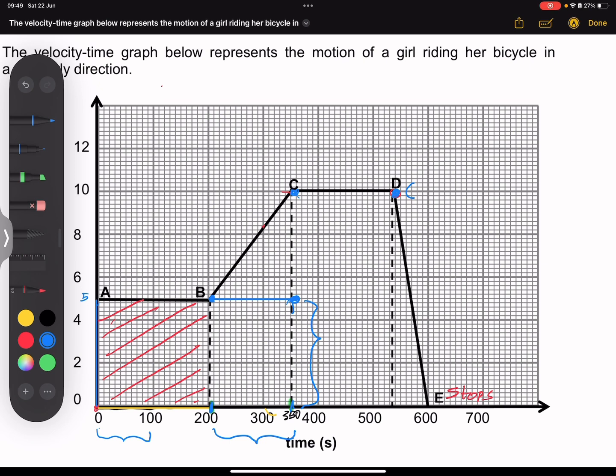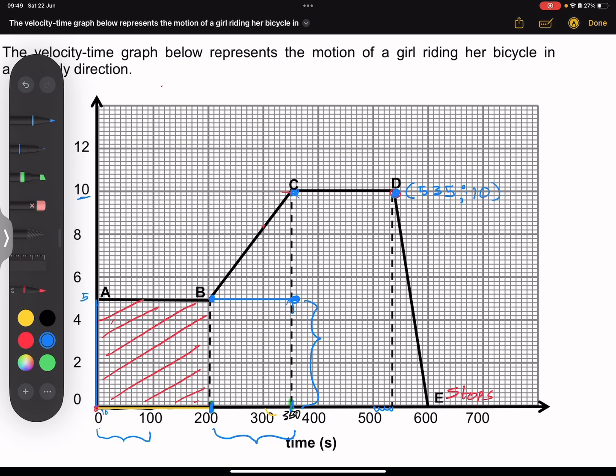So 100 divided by 10 gives us 10. For each one we are increasing by 10. So this is 500, that's 510, 520, 530. This looks like 535. So the time is 535, and my velocity was 10.